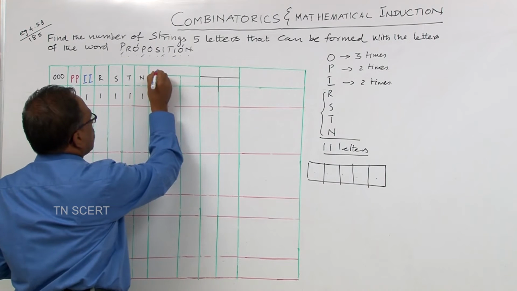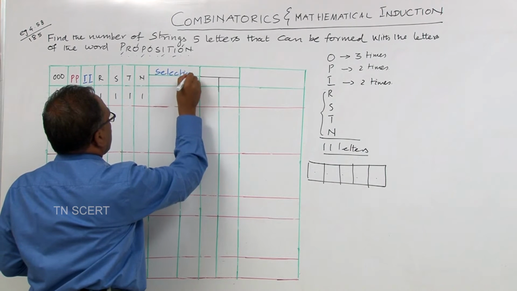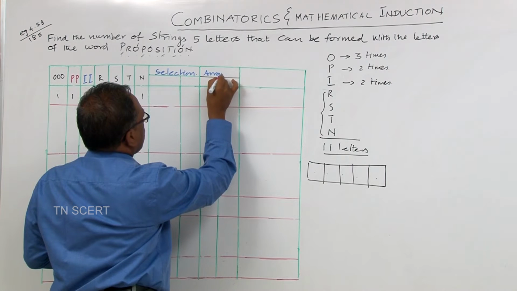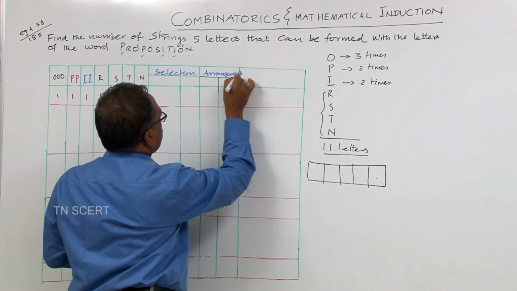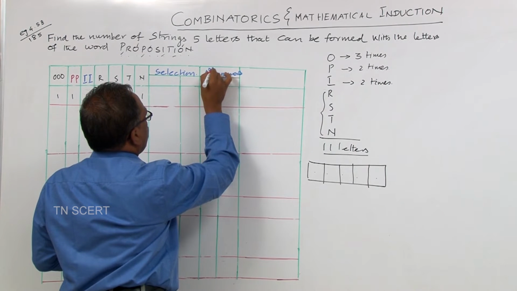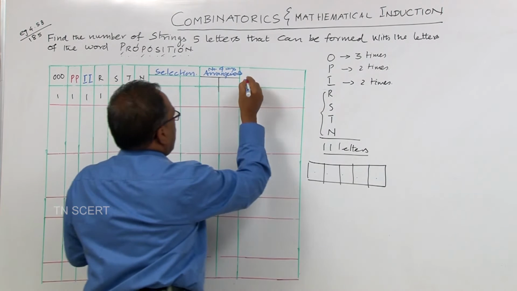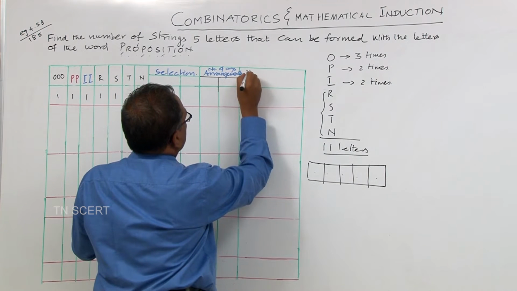Here it is a selection. Then it is an arrangement. Here, the total number of ways selected.